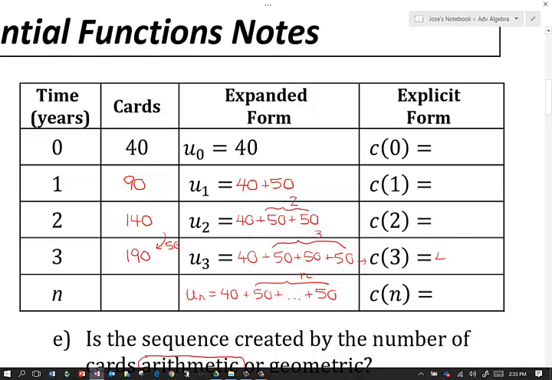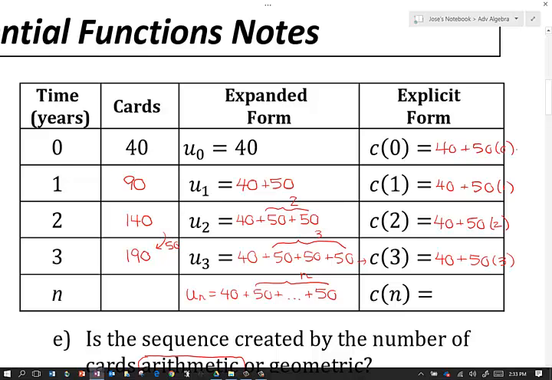What I mean is that after 3 years, he'll have 40, and he's going to add up 50 times 3 cards. And then after 2 years going back, we'll have 40 plus 50 times 2 cards. And then after 1 year, we'll have 40 plus 50. He's only adding 1 50. It even works for the first one, in which we would have 40 plus 50 times 0.